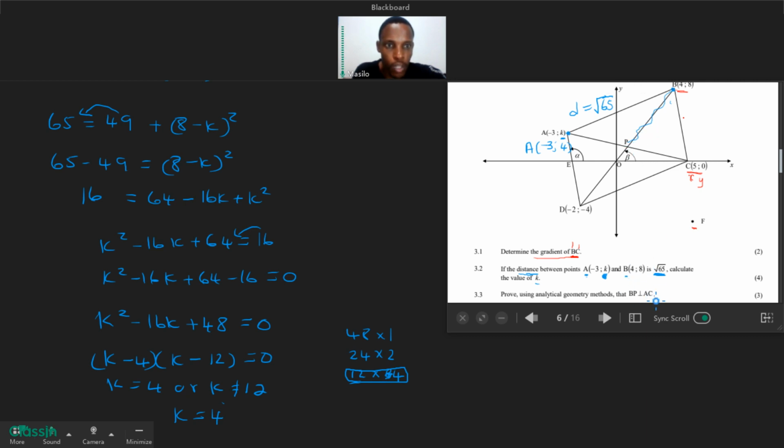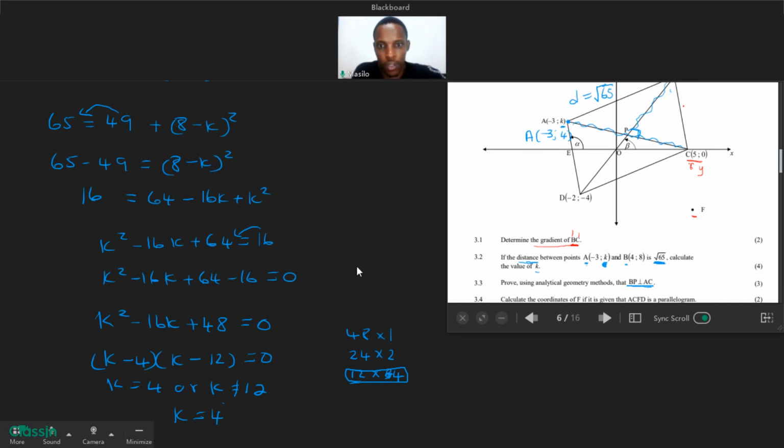They say it is perpendicular to AC, perpendicular to this one. So meaning that the two lines meet at 90 degrees. So once you see this, prove that these two lines are perpendicular to one another, it means that we must know the gradient of this and the gradient of that.